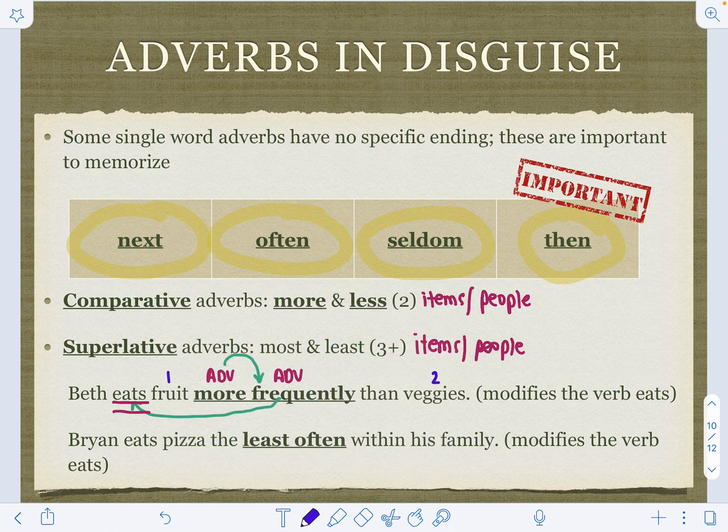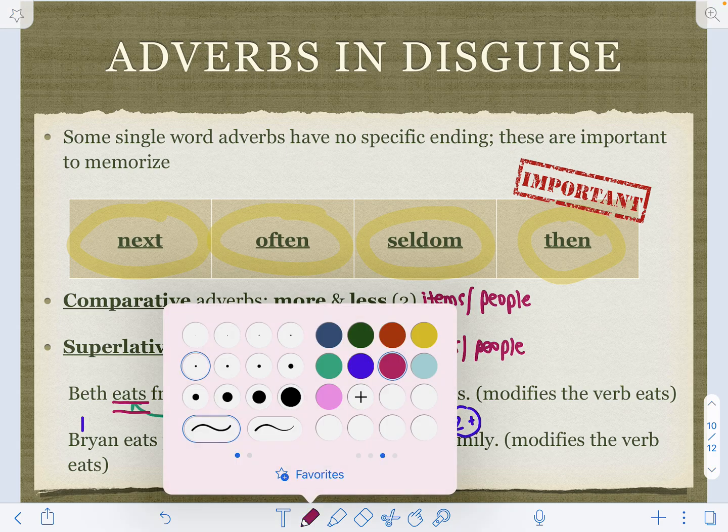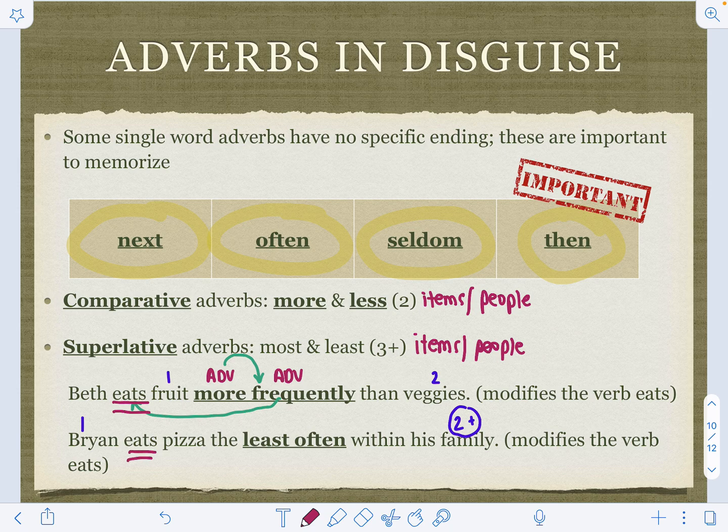The second sentence says, Brian eats pizza the least often within his family. So Brian is object 1 or people number 1, and family would mean 2 or more people. So we have our verb, eats. Brian eats pizza the least often, okay? Least often is modifying the verb eats.